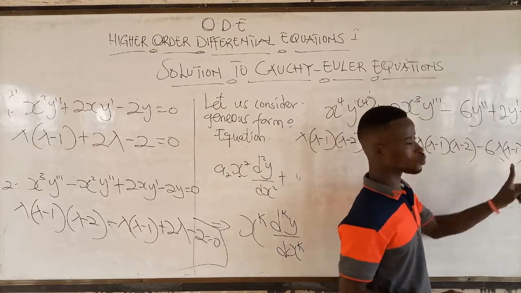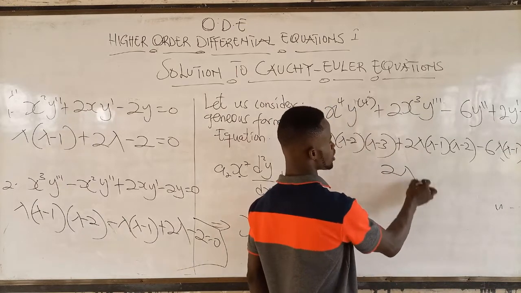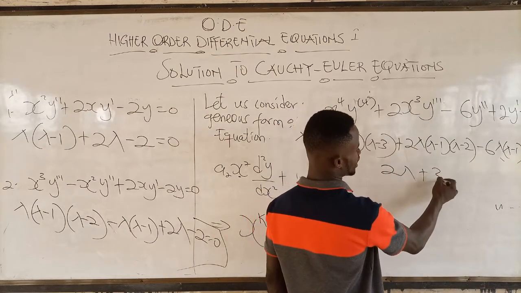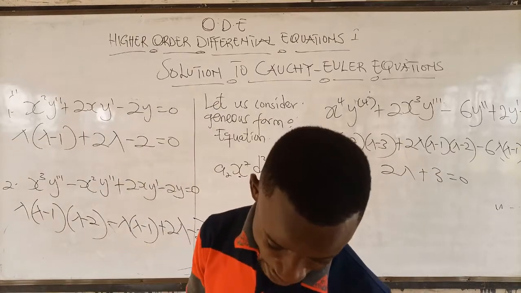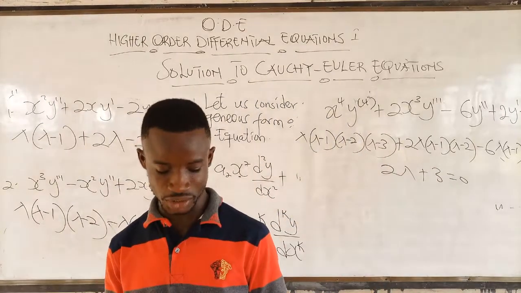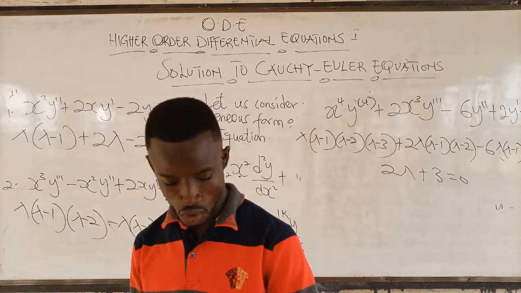Second order ends at 1 plus 2 lambda plus 3 equals to 0. So that is how we write the characteristic equation. You can give yourself an example and try it on your own.